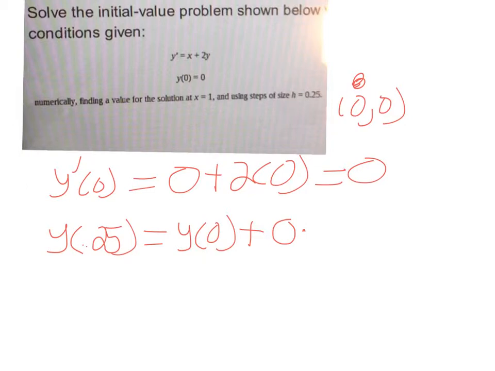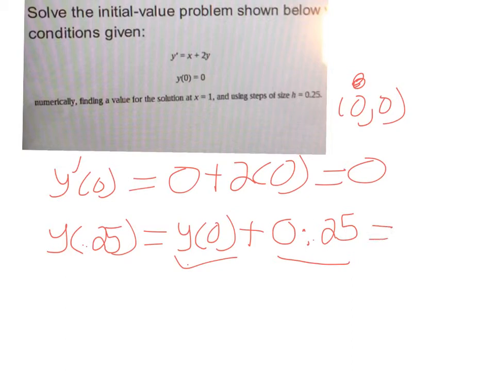Because if you do rise over run times run, you get rise. So here's your start height, and now we're going to rise some amount. So we're going to do 0 plus 0 times how far we're going to run, which is 0.25.